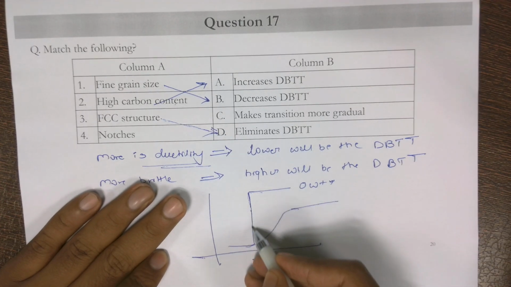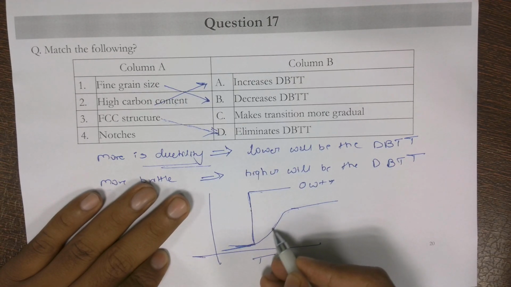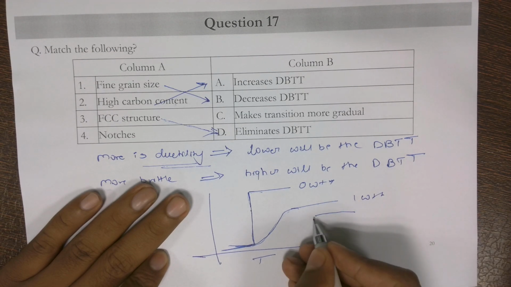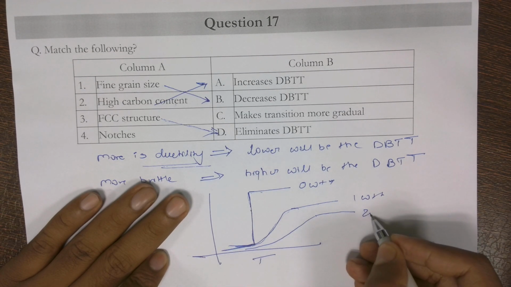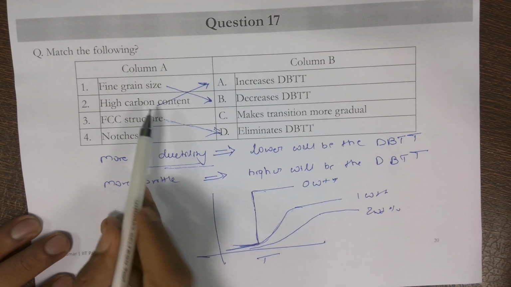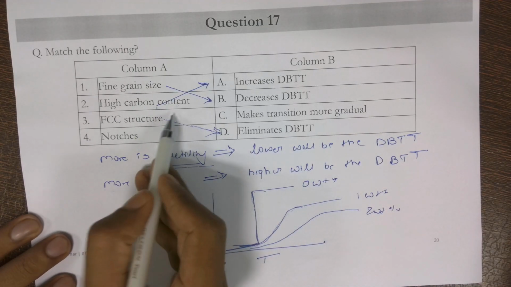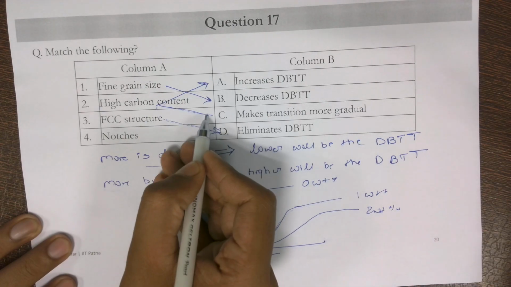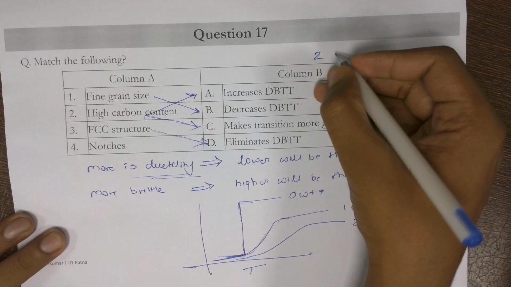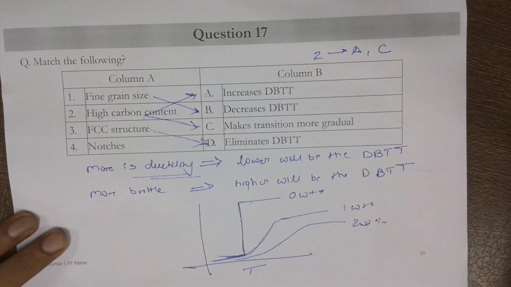Initially this transition was very sharp, but now the transition will happen very gradually, at 1 weight percent, also 2 weight percent. So if you keep on increasing the carbon percent, the transition will also be very gradual. So the second one, high carbon, has two answers, A and C.